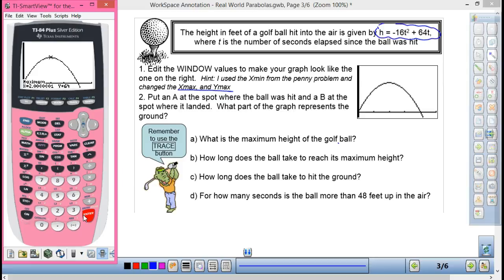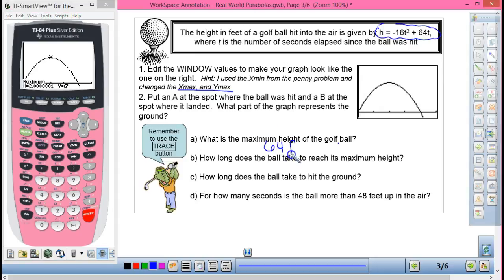Now this is your exact height. So what is my maximum height? 64 feet. So let's talk about this. Our maximum height is 64 feet. What does that 2 stand for? That's the time that it took to get to the maximum height.